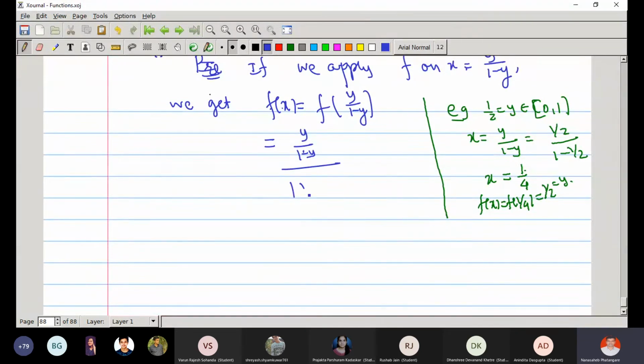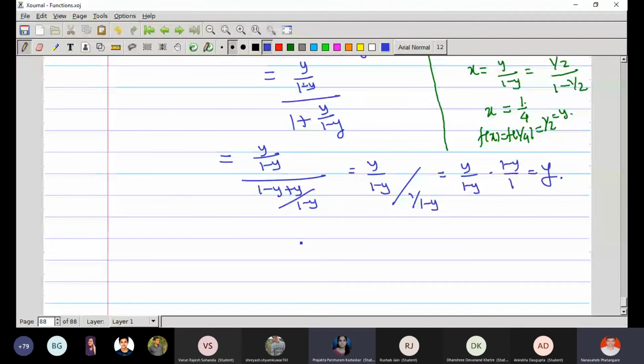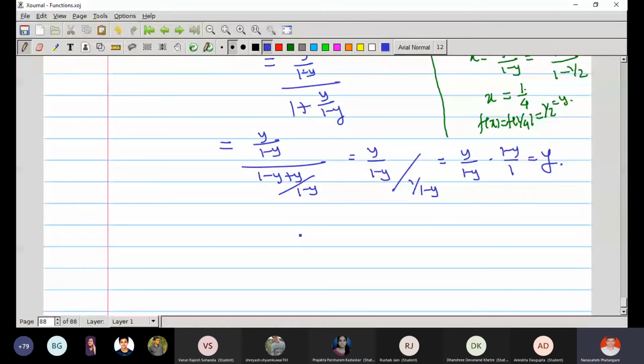You check the calculation, I may be making a mistake. Divided by 1 upon 1 minus y, right? So it is y upon 1 minus y into 1 minus y upon 1, and so it is y. So is it the right candidate for the pre-image? Yes.